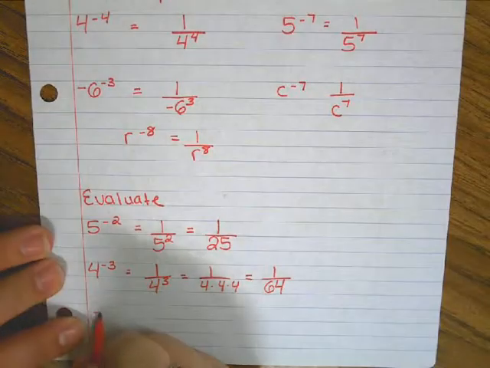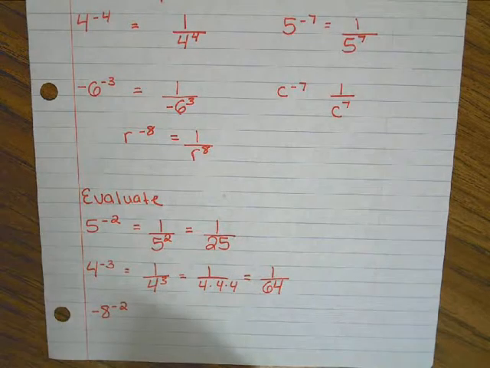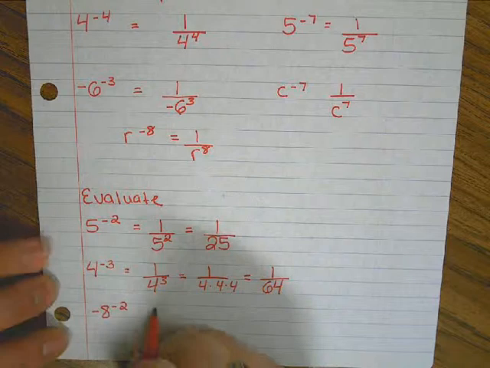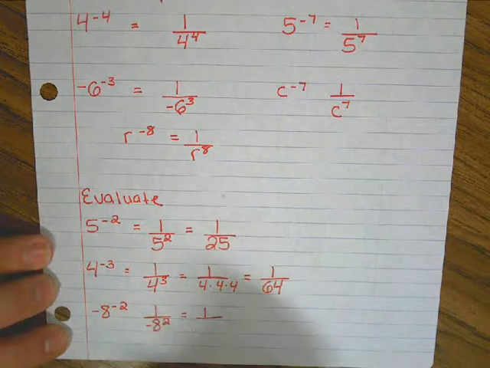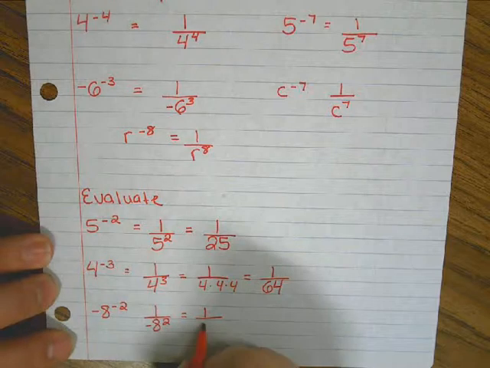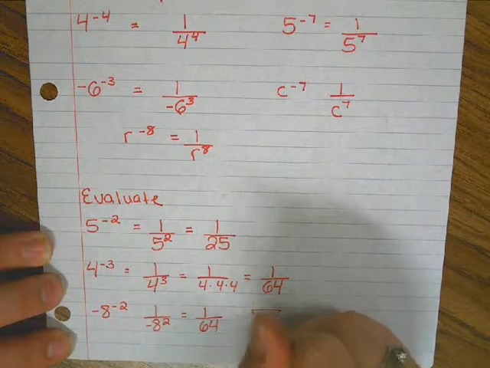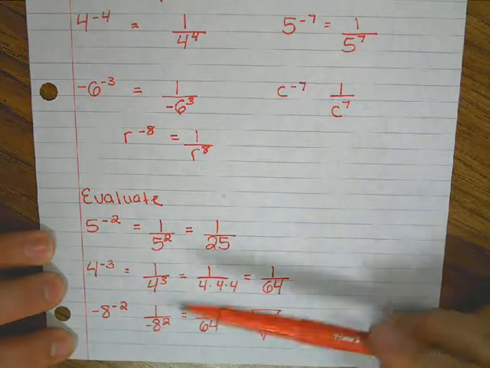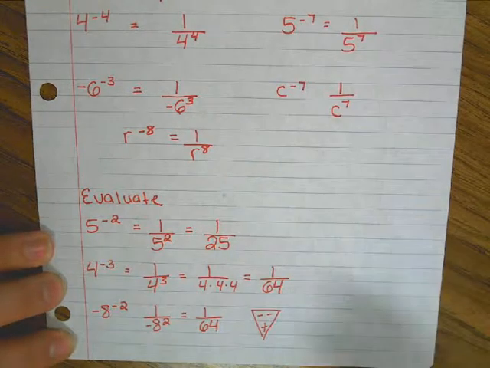What about if I have negative 8 to the negative second power? 1 over negative 8 squared. So it'd be 1 over what? 1 over 64. Positive. Because remember, a negative times a negative gives me a positive. So whenever you're taking a negative times a negative, you should get a positive.